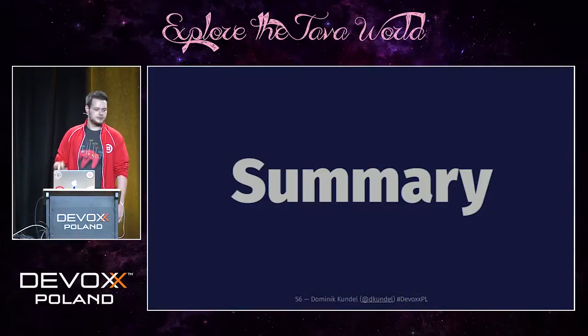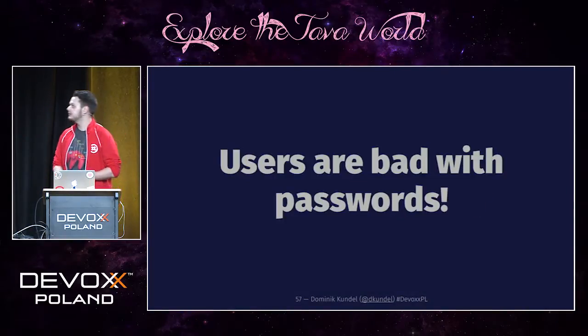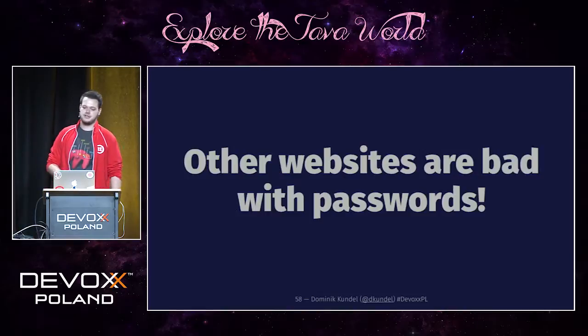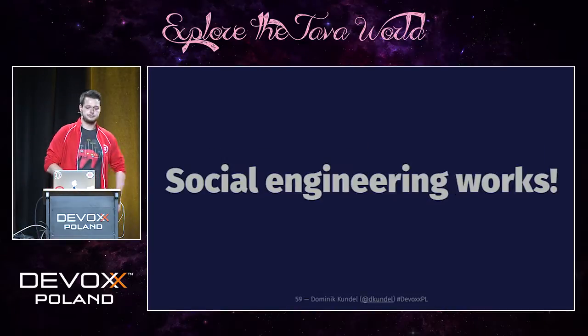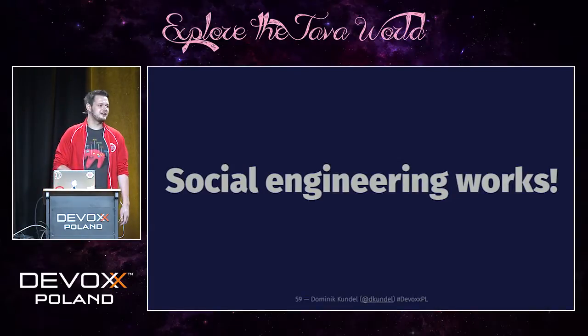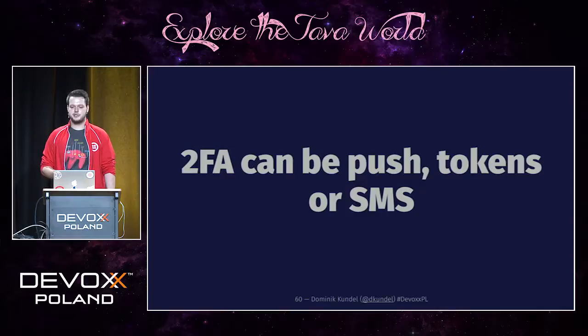All right, so in summary, users are bad with passwords. Other websites are bad with passwords too. Social engineering actually works. Don't underestimate this. Not every hacker is a computer genius. They're just really good at understanding people. Two-factor authentication can be anything from push notifications to tokens or SMS.